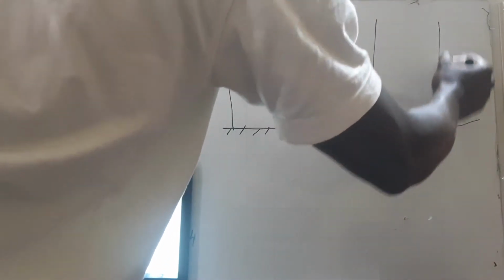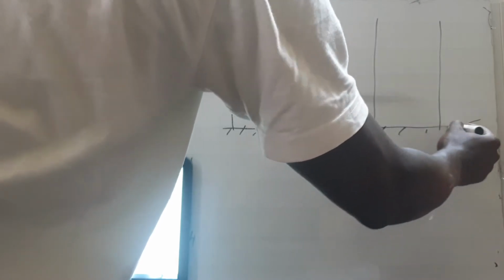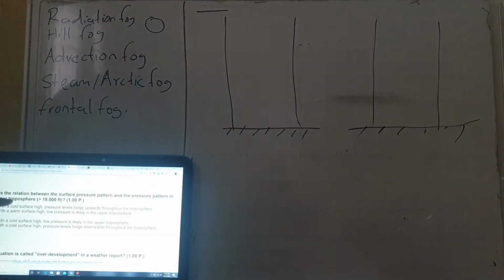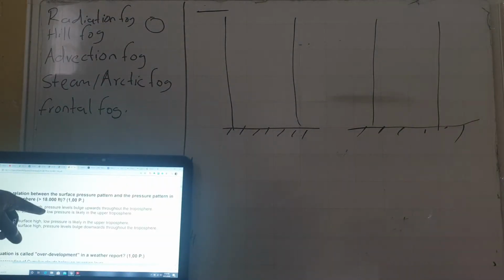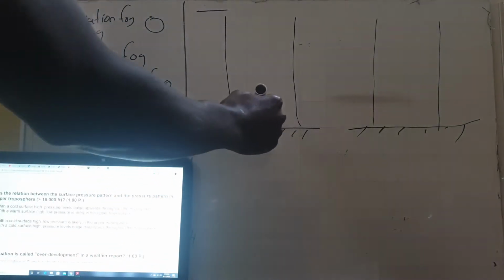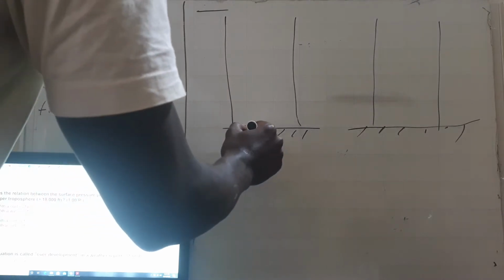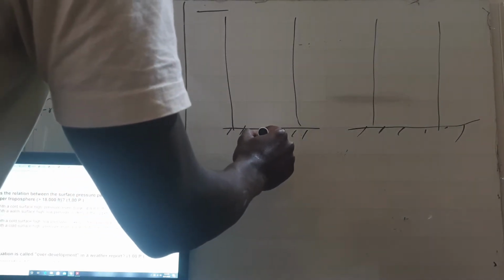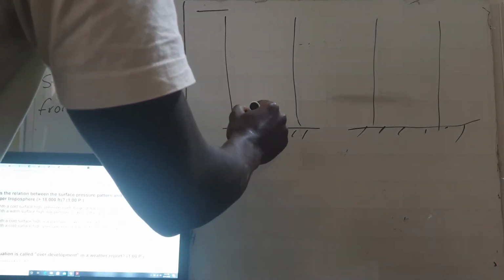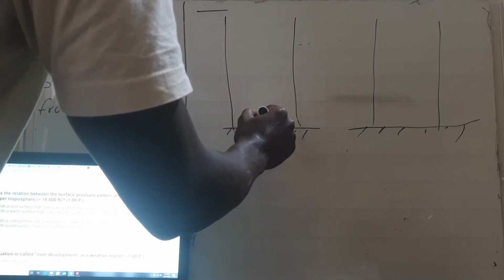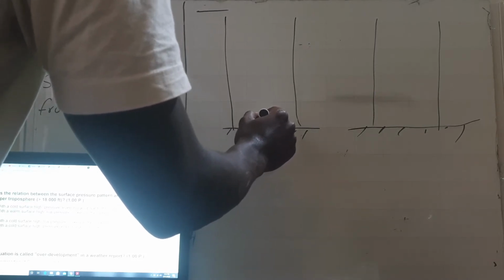So let's look at the choices. The first one is saying with a cold surface high, pressure passes out. So if you have here on the ground a cold surface high, so we have a high pressure, and this is cold.